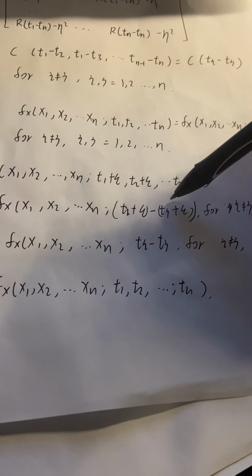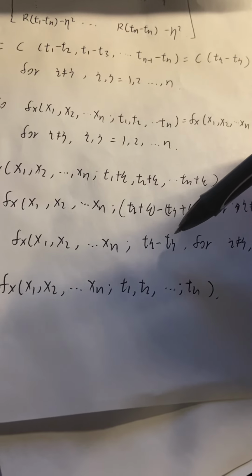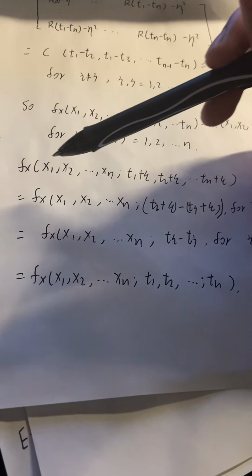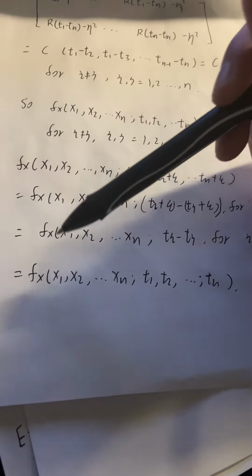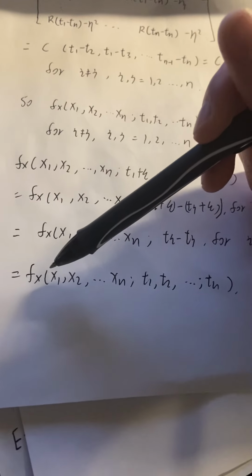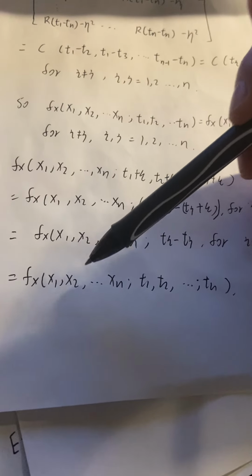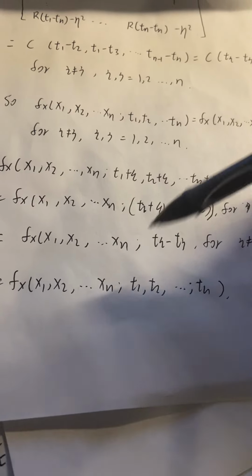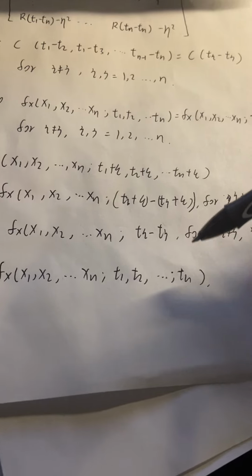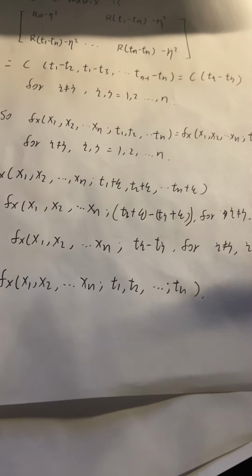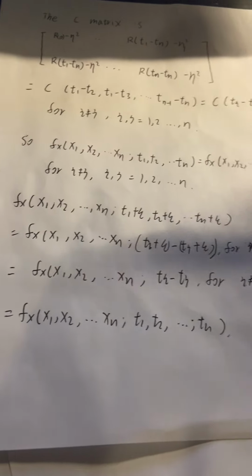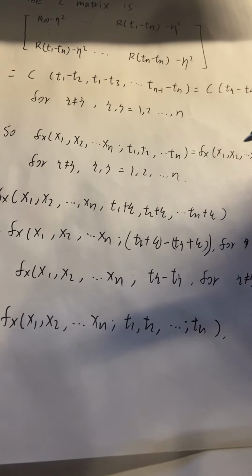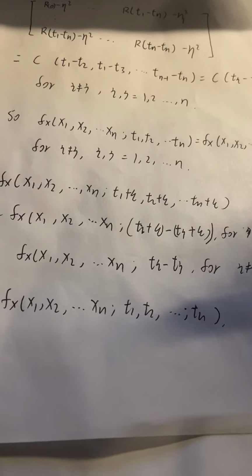So this term is actually ti minus tj. So we can see that this density function is equal to f_X of x1, x2, and so on up to xn, t1, t2, and so on up to tn. So we prove that if the normal process x of t is wide-sense stationary, then it is strict sense stationary.